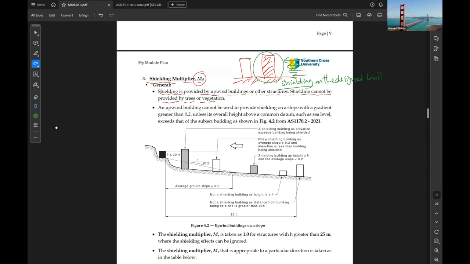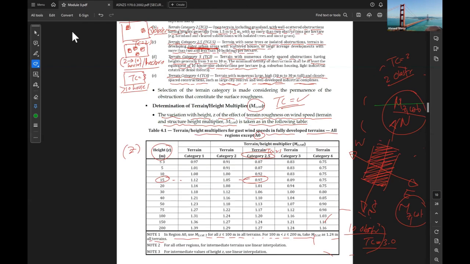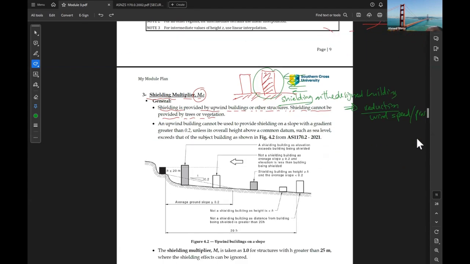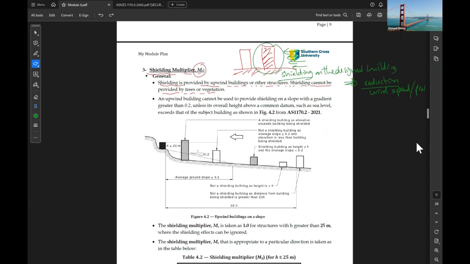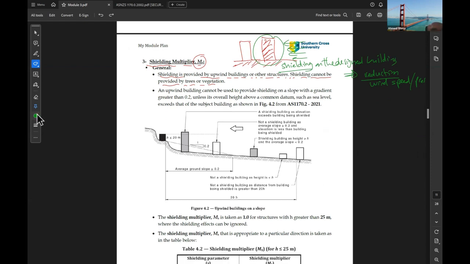This shielding will cause a reduction in wind speed or wind pressure, right? So the shielding might reduce the wind pressure on our design building.